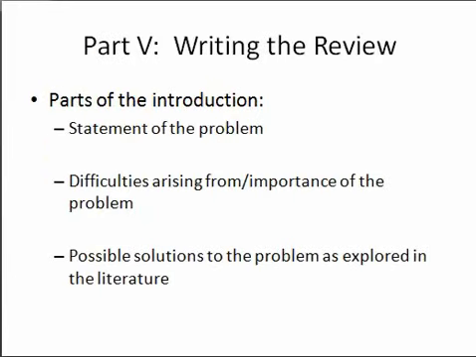So we talked about some of the big parts of a literature review, how it's structured, how to go about searching the literature, how to start thinking about strengths, limitations, and implications of it. Now we're going to talk a little bit about writing the review. So the first thing that you're going to want to do is write an introduction.